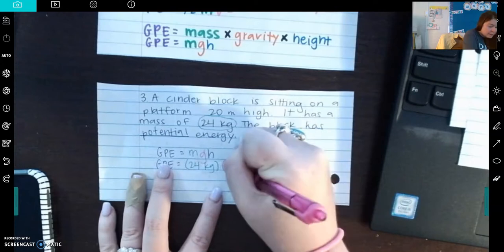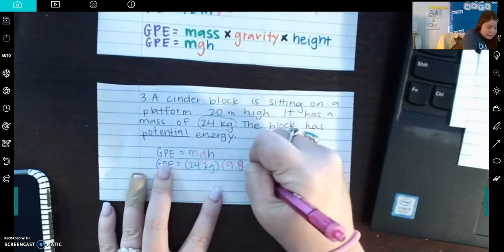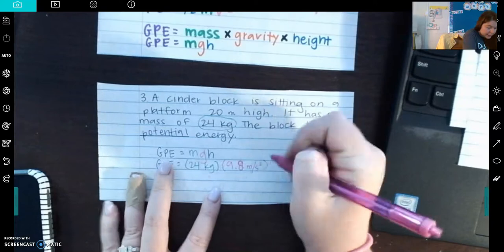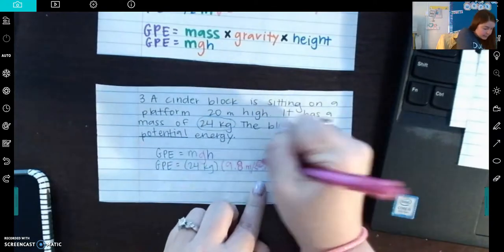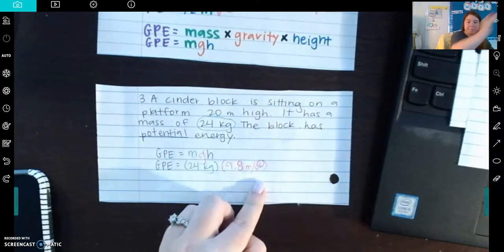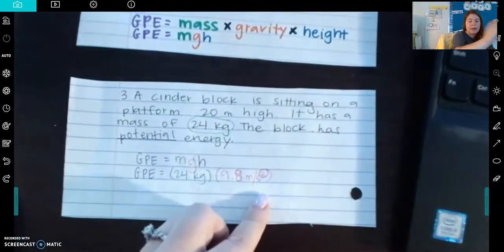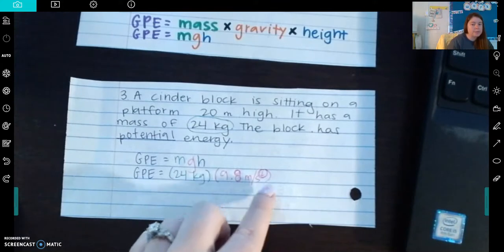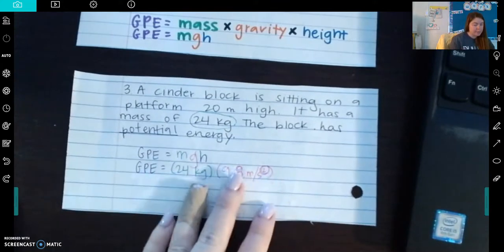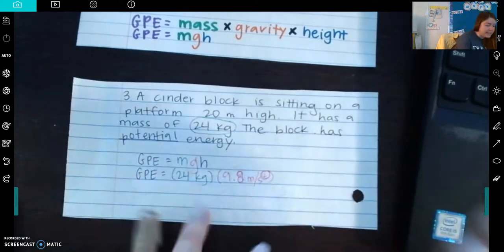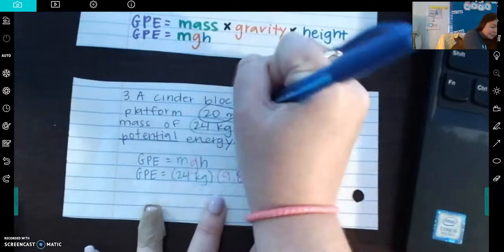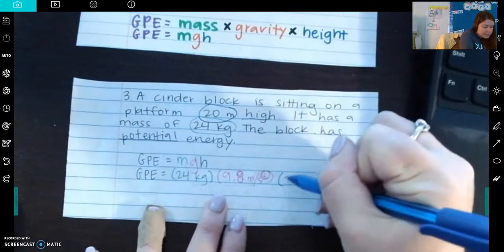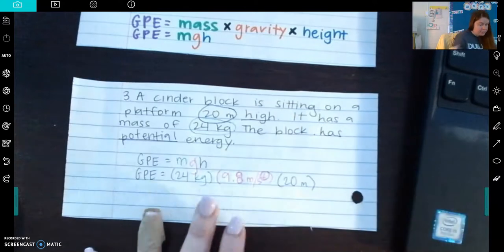Gravity is always going to be 9.8 meters per second squared. This squared is part of the unit of measurement. So we know that we're not going to need to square this whole number. 9.8 meters per second squared is the unit. Lastly, I need to find the height. It says it's 20 meters high, so I'm going to put 20 meters here.